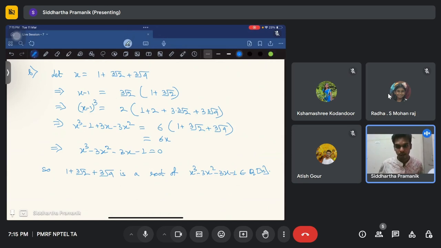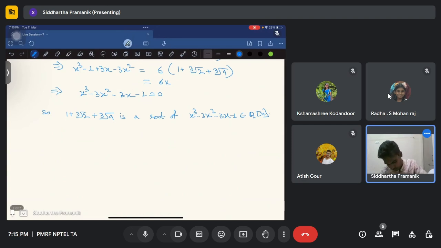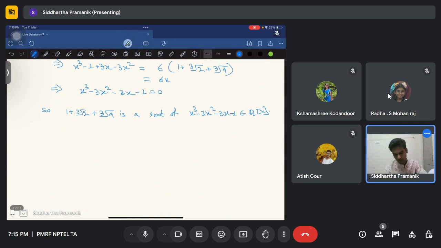Do you have any idea how to do it? Our goal is to find the irreducible polynomial of this element, right? Can you tell me the degree of the irreducible polynomial at least?